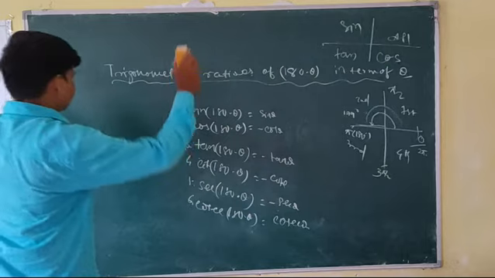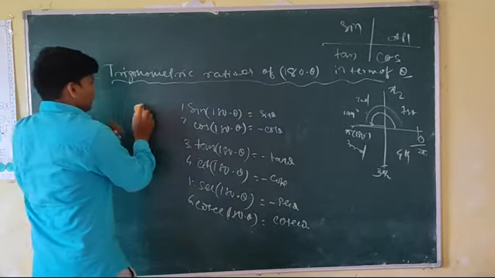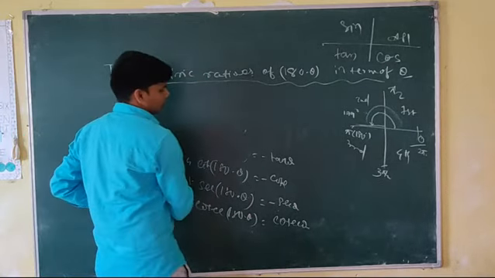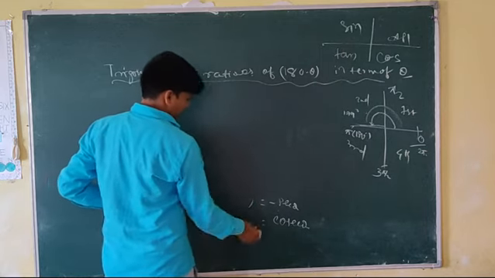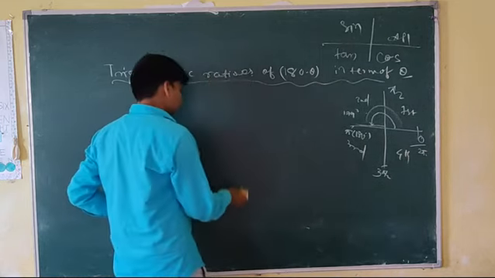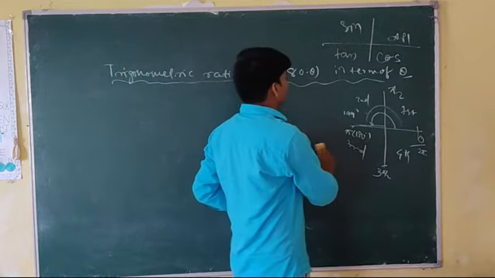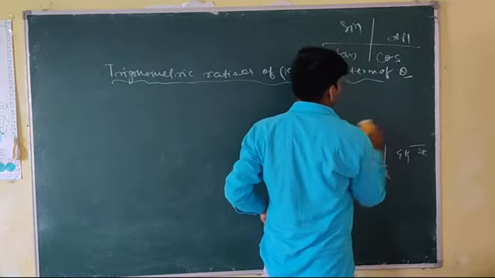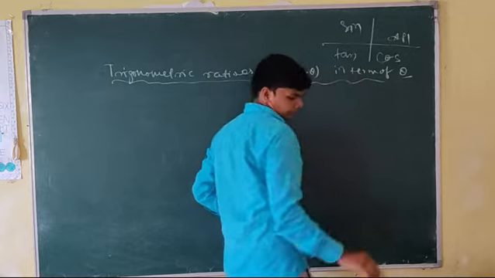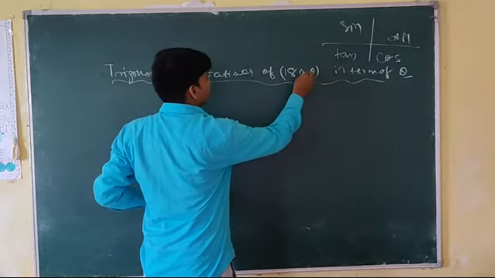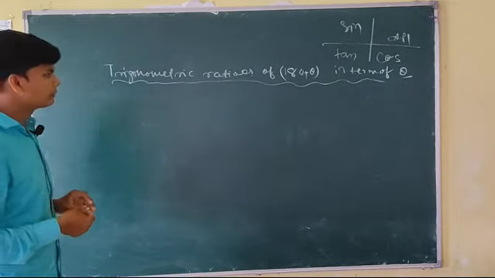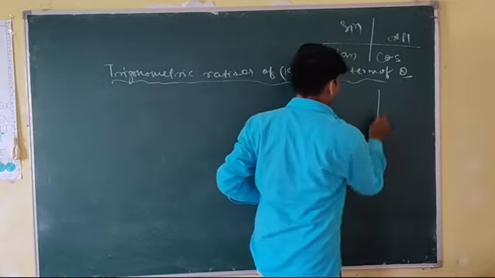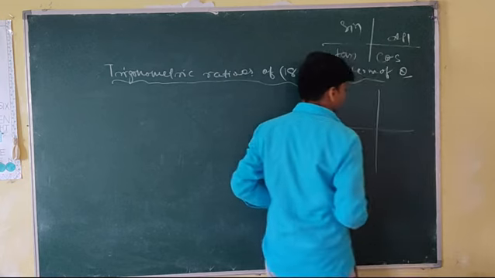Now we will know the values of the trigonometric ratios of 180 plus theta in terms of theta. This we will find. Only the sign will be changed. Your quadrant or your angle will be like this.